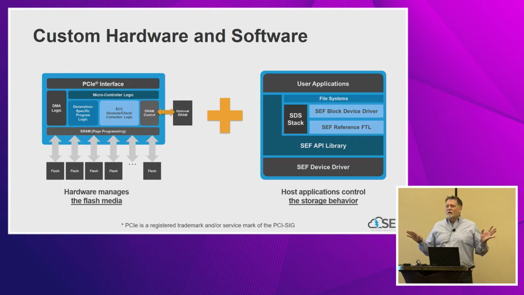So bypass all the kernel if you want in your applications and take full control over your latency outcomes and performance. In addition to that, as part of the SDK, we have a Software-Enabled Flash block driver, a reference flash translation library that interfaces with a standard file system that allows user applications that have not been modified yet, that aren't what we call Software-Enabled Flash aware, to run against a Software-Enabled Flash device.